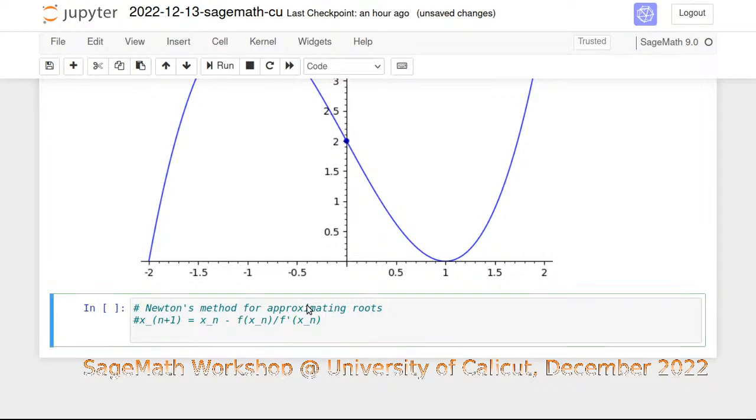So let's take a polynomial, f of x equal to x cube minus x minus 1. Let's see if it has some real root at all.